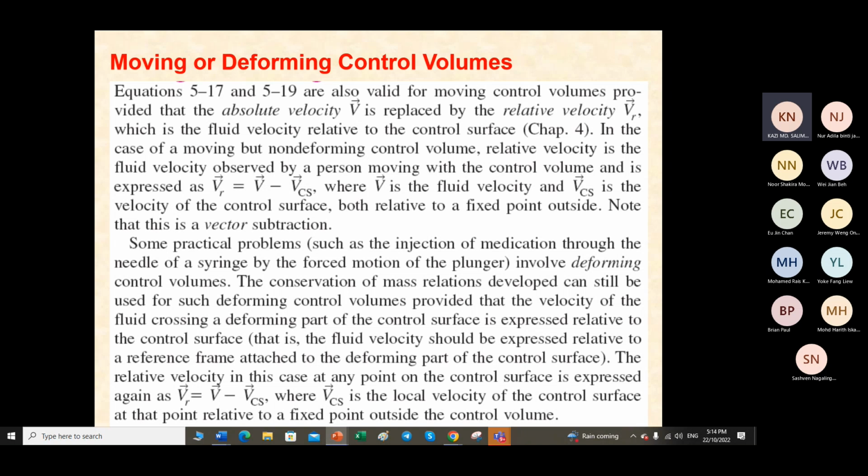For that moving boundary, this conservation is also valid, and it can be represented by VR equal to V minus VCS, where VCS is the local velocity of the control surface, relative to a fixed point, or a specific point on a surface of the control volume.